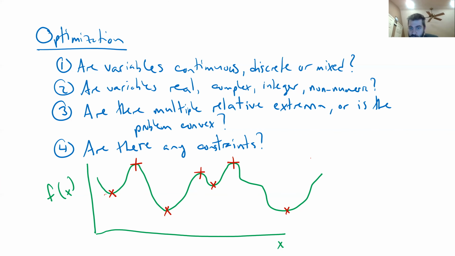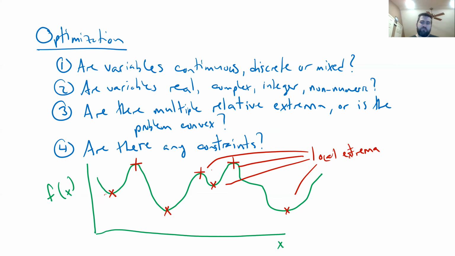These local extrema, maxima and minima, are lower in the target function than any point in the immediate neighborhood, but may not be lower or higher in energy or in target function than other points.